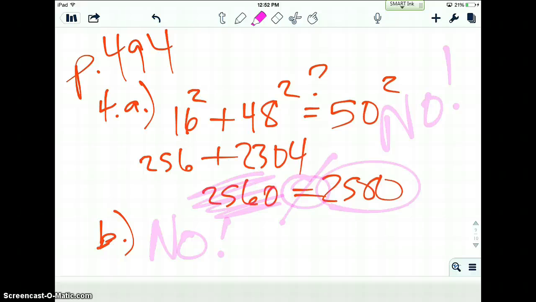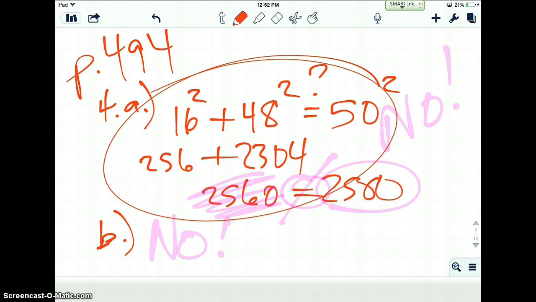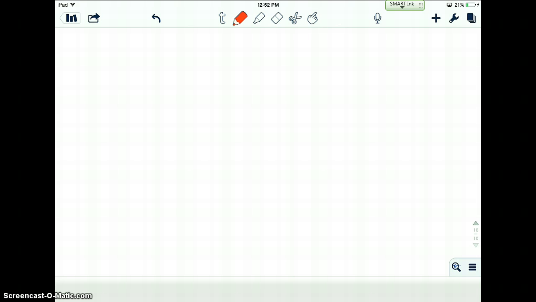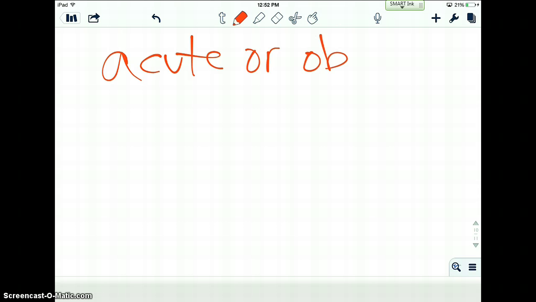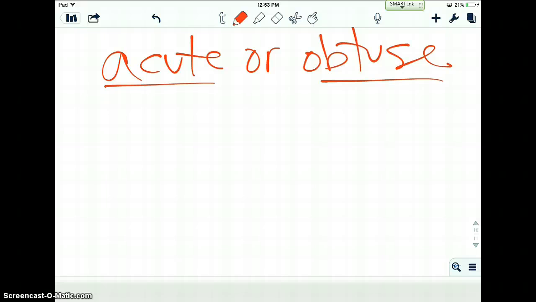In your notes, there's one other feature here that you need to understand, because to extend this idea, if it's not a right triangle, then what is it? So if it's not a right triangle, there are two options. It's either acute or obtuse. So how do we know? Well, of course, there are theorems to tell us that. So there are two cases. Case number 1.